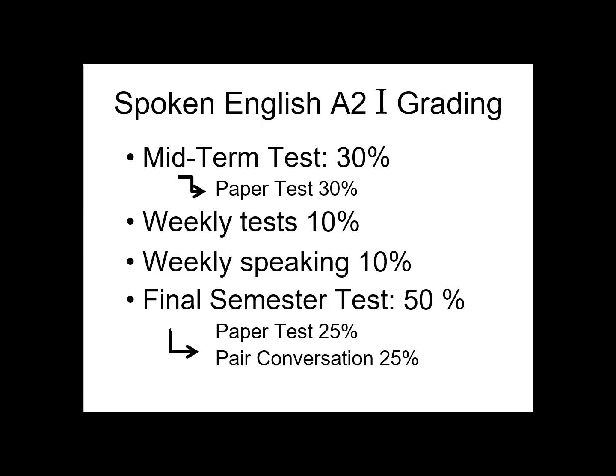Okay, weekly speaking, I have an idea how we can speak every week, so look out for this new idea, it's coming soon. And the final test, a paper and a pair presentation, pair conversation. We still might be able to do that, okay? So I'm going to come up with some ideas how we can share our voice over the internet.